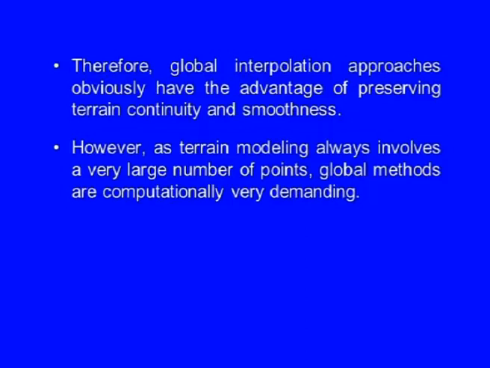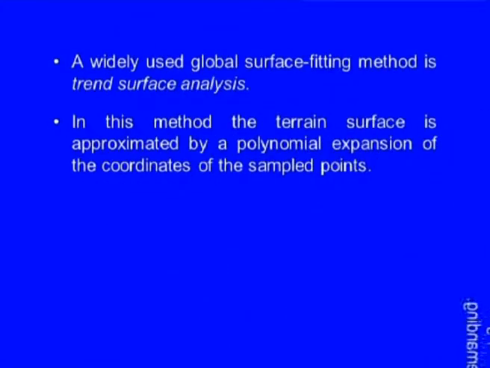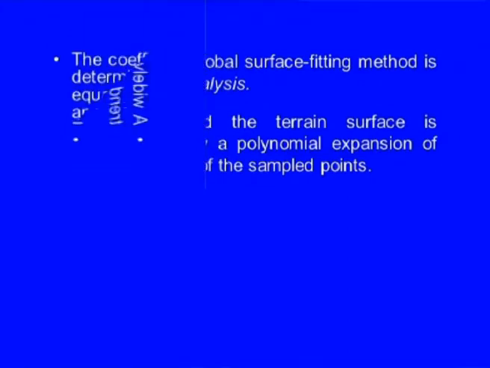However, as terrain modeling always involves a very large number of points, global methods are computationally very demanding. A widely used global surface fitting method is trend surface analysis. In this method, the terrain surface is approximated by a polynomial expansion of the coordinates of the sampled points.